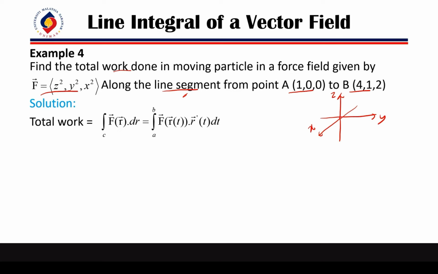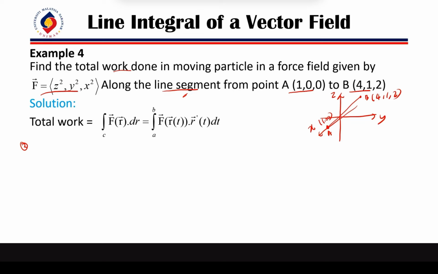So we know point A is 1 0 0, and point B is somewhere here, 4 1 2. So here is 1 0 0. First you have to picture, and then second you have to parameterize.